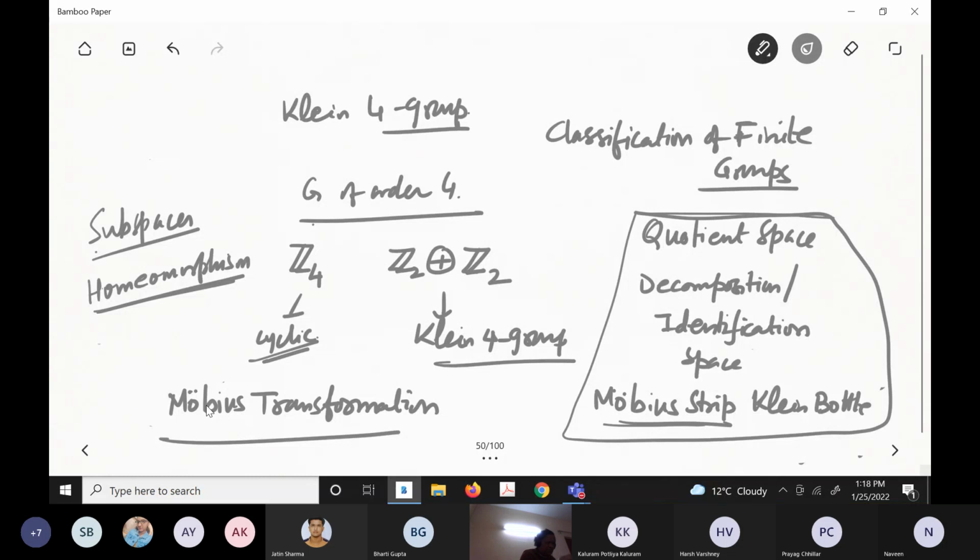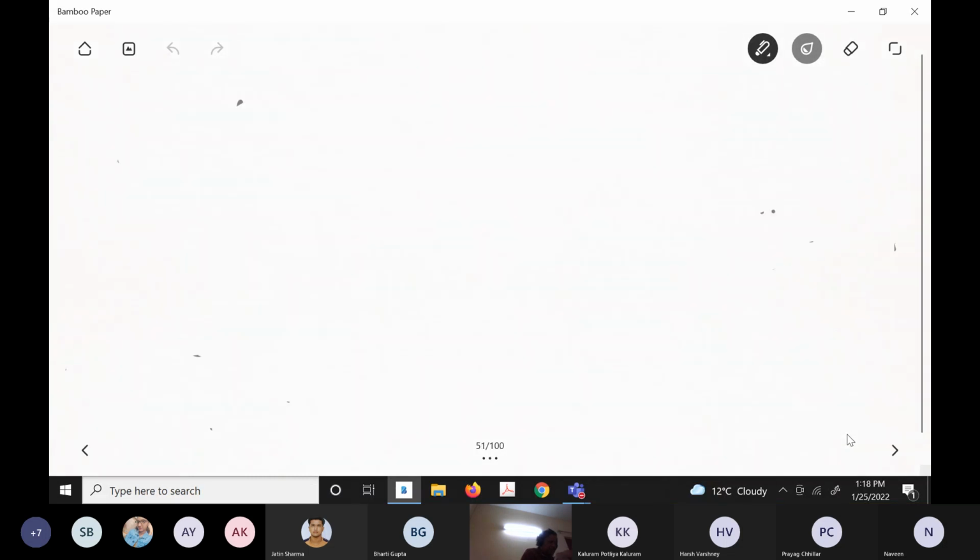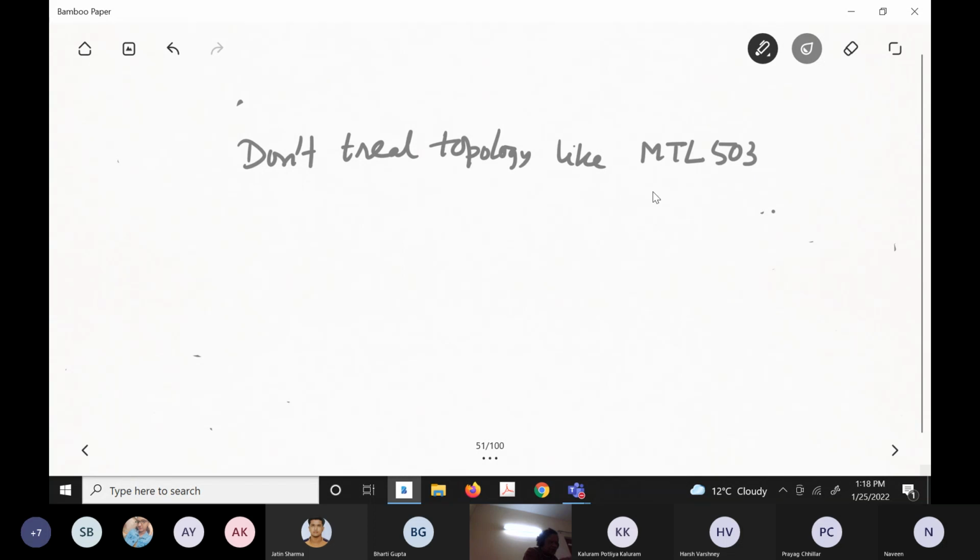So don't treat topology like the last semester course. In real analysis, you still had some connection with what you learned in undergraduate.